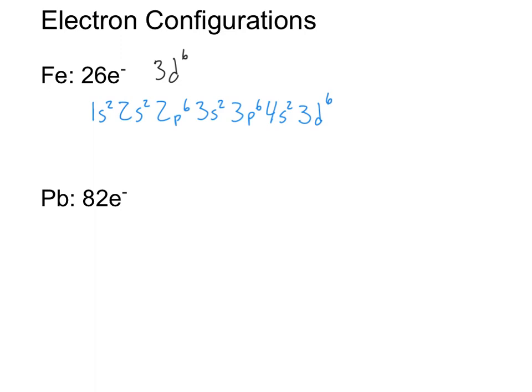We said that lead has to end with 6p2. And so we can take a similar approach. We can simply start to write out our configuration using the Aufbau principle and just stop when we get to 6p.